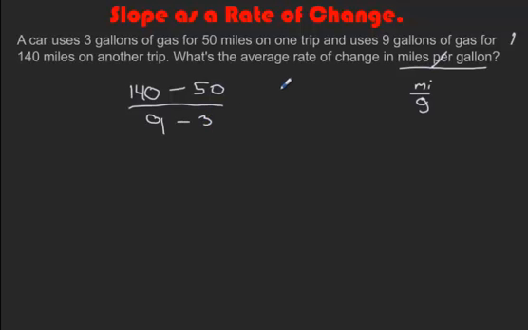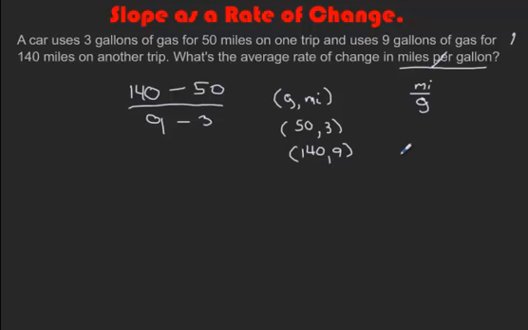So basically, I was looking at these 2 points, where the x-coordinate was the gallons of gas and the y-coordinate was miles. So my 2 points were the 3, 50, and the 9, 140.